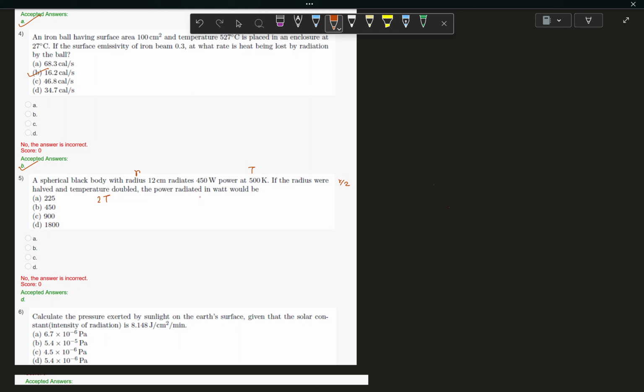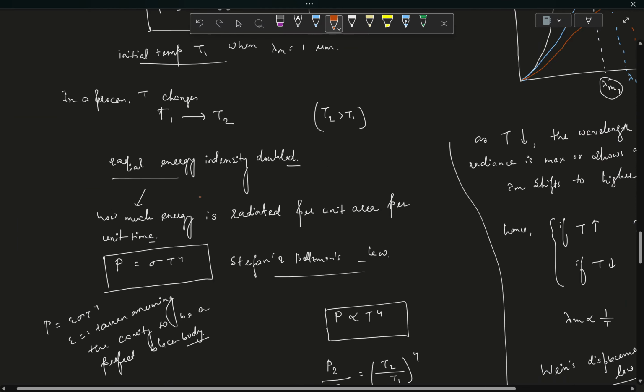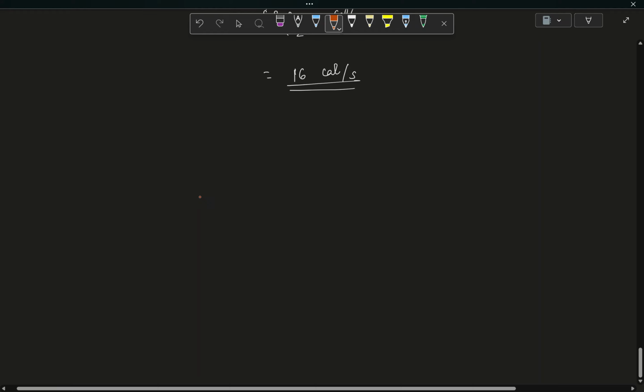Now here you can see that you have to use the Stefan-Boltzmann law for energy radiated or power radiated, and based on that you have to solve this problem. So let us now go and solve this.